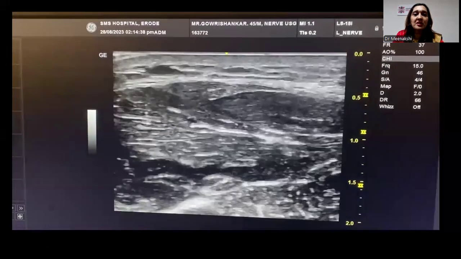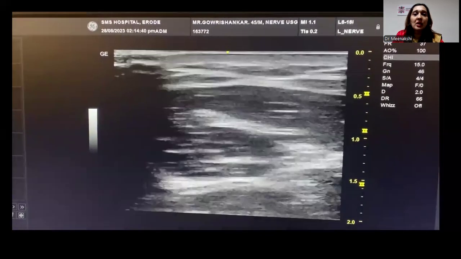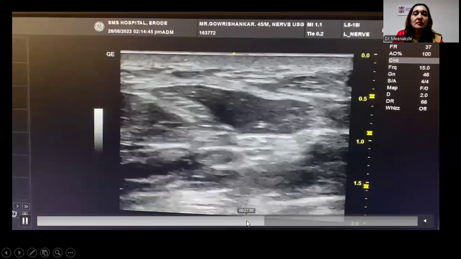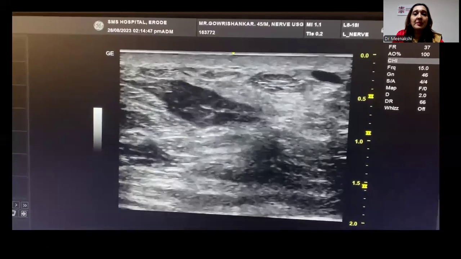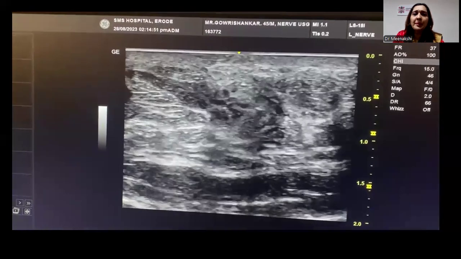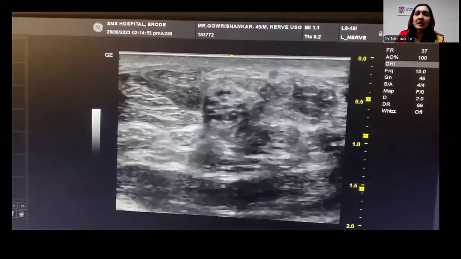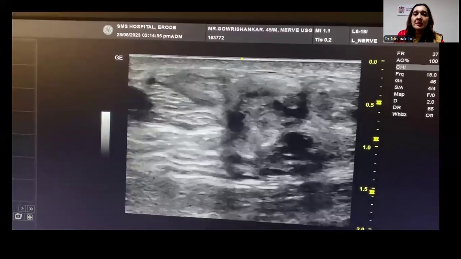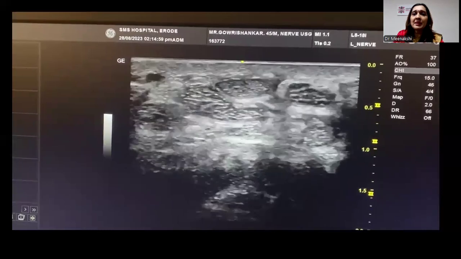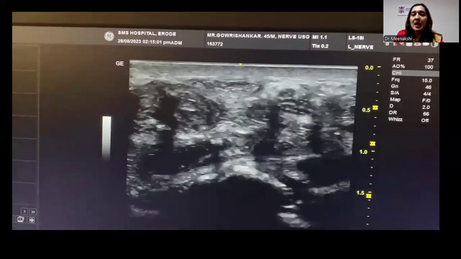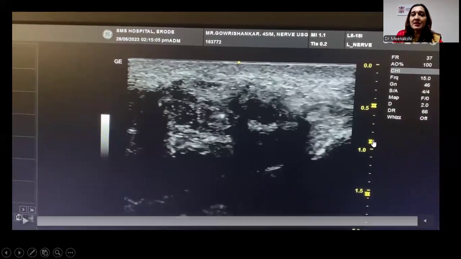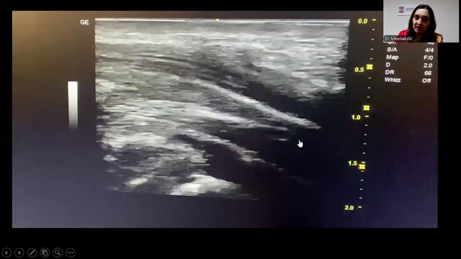See, now the structure is quite good, and now again I'm going to go down, and when I'm going distally, you can see there's a place where there's a lot of hyperechogenicity around the median nerve, and then you can see the median nerve structure being preserved. Again, with some enlargement at the level of the carpal tunnel, at the level of the wrist entry. So this was probably scar tissue engulfing the nerve.